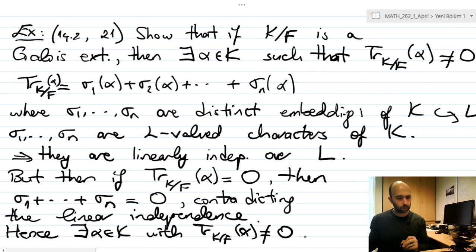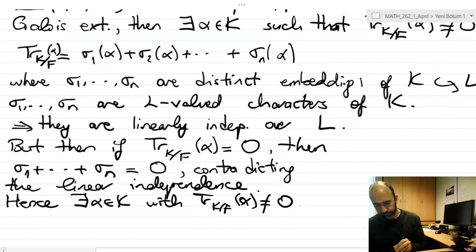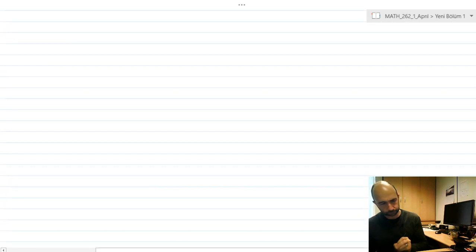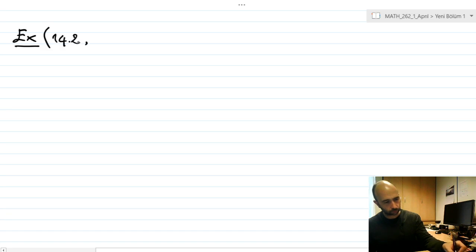Now, let me move on with the next exercise, again in Dummit and Foote, because that's kind of heading somewhere. Again, this is 14.2 exercise number 22.